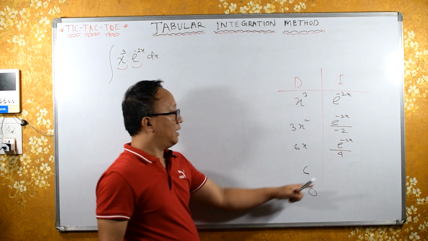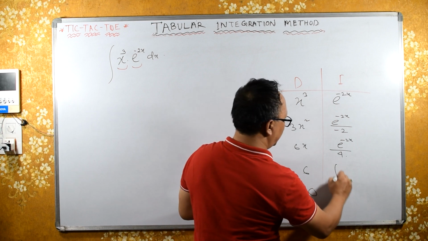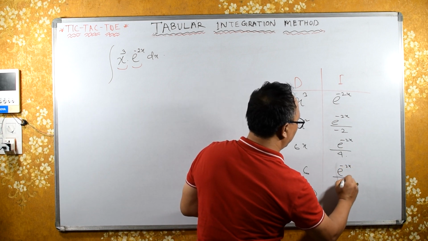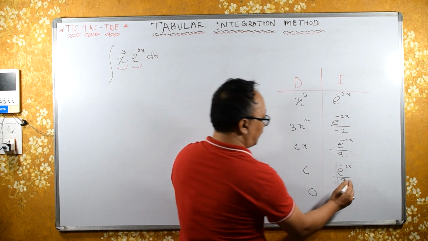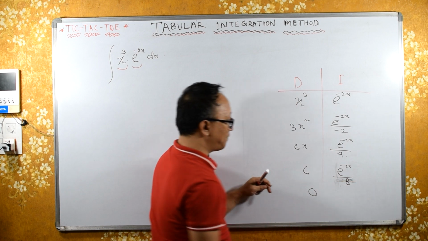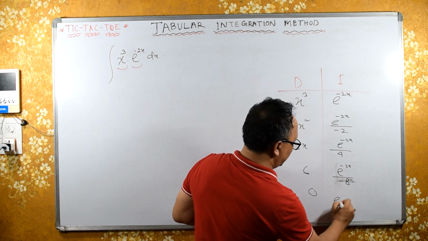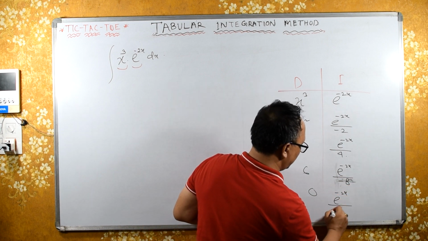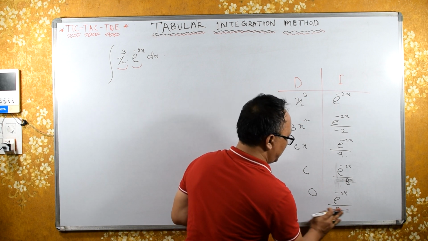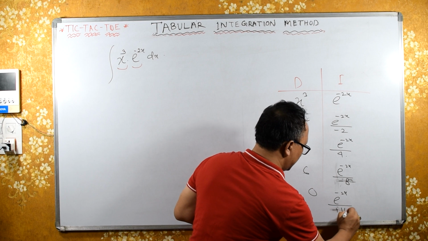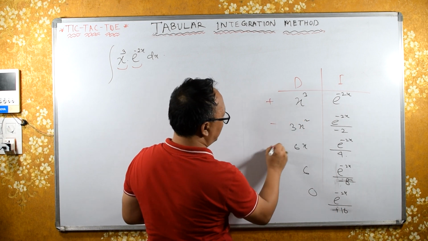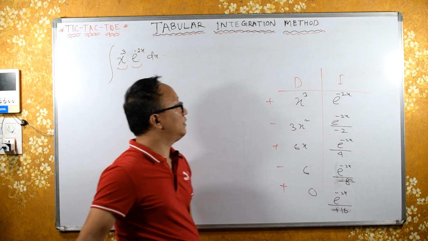Again integrate this, e raised to minus 2x upon 4 into minus 2. 4 into minus 2 is minus 8. Again integrate this, e raised to minus 2x upon minus 8 into minus 2, which is plus 16. Now after this we have signs plus minus plus minus plus and so on.